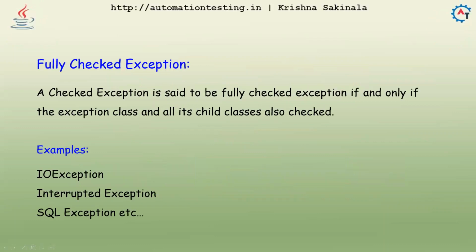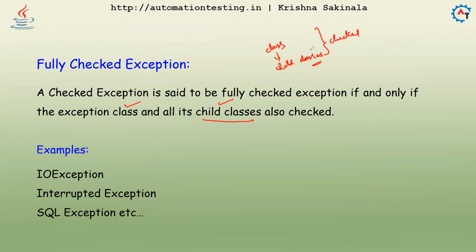When you talk about a fully checked exception, a checked exception is said to be fully checked if and only if the exception class and all its child classes are also checked. So what do you mean by that? A class and all its child classes, all should be checked.